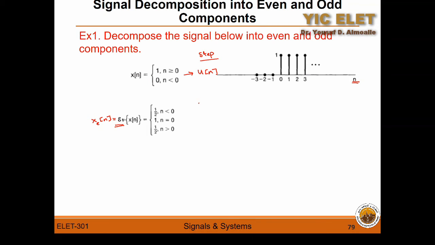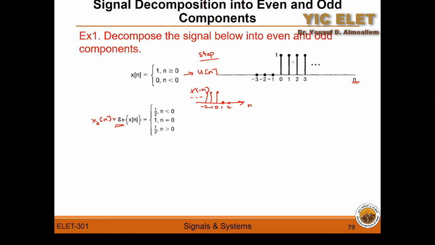If we consider x of minus n, then we flip the positive with the negative. So at 0 we will have 1, at 1 it will be 0, and from the other side this will be 1, 1, etc. So this is 1, 2, and this is 0, minus 1, minus 2. So this is x of minus n.